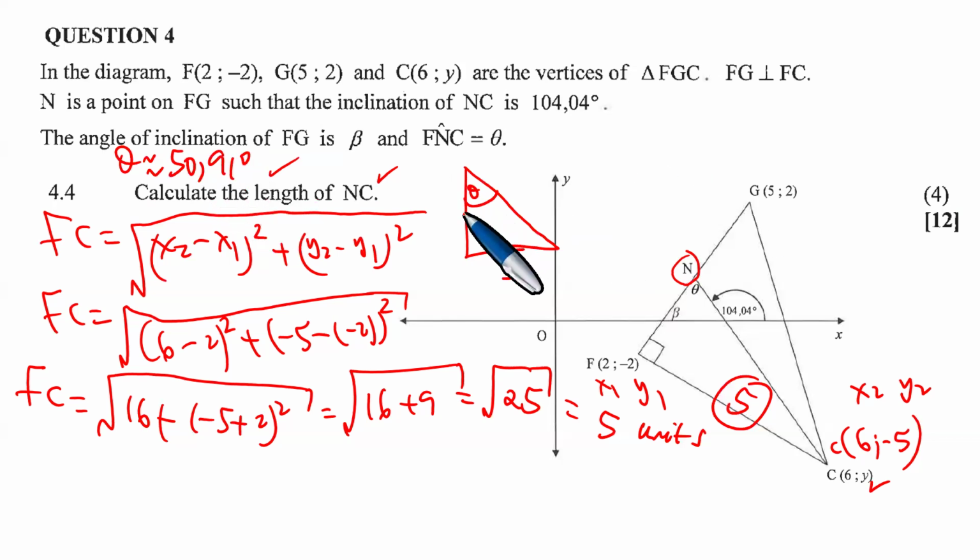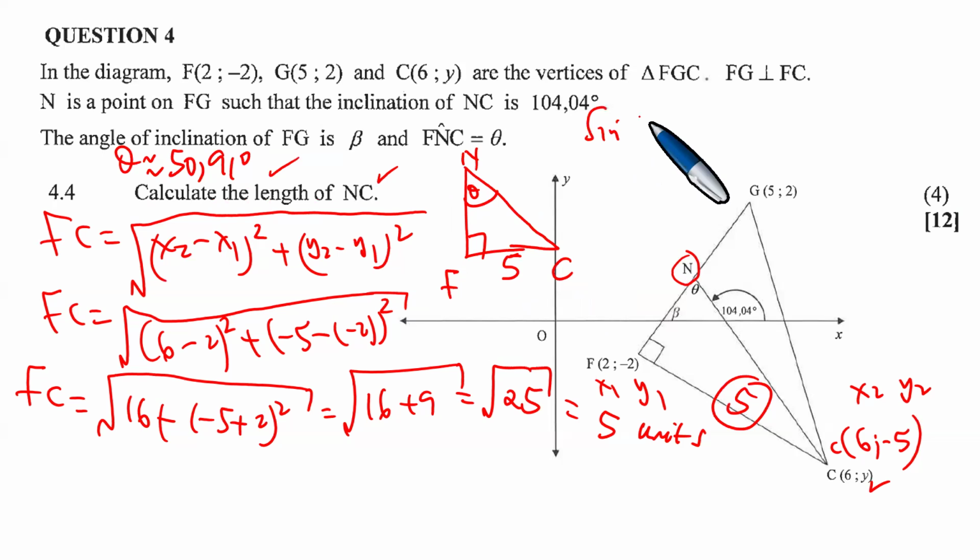Now, if this is N, this is the right angle, this is F and that is C, we can easily find NC, which is the hypotenuse.